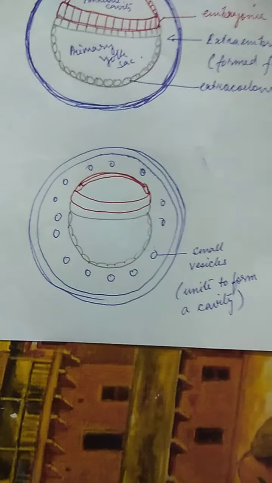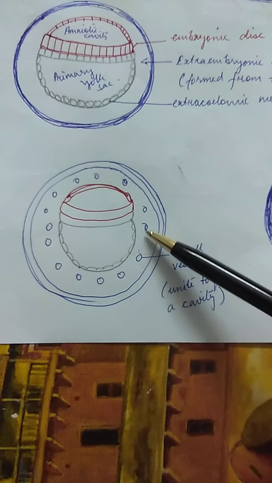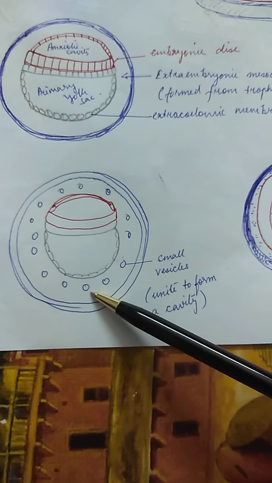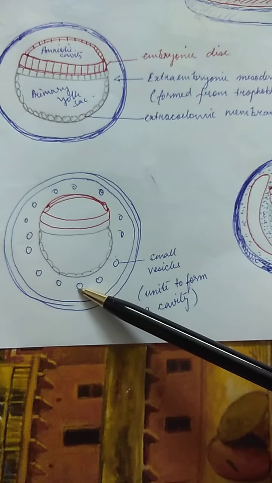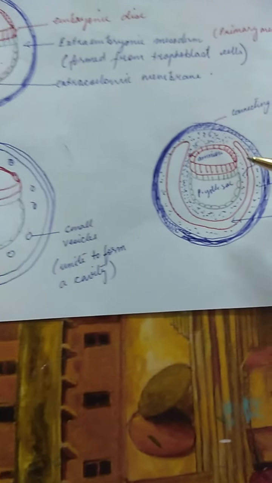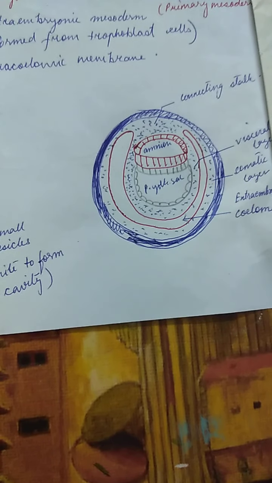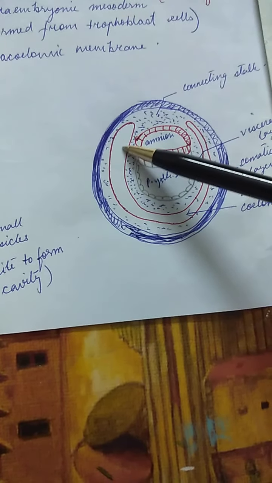After some time, certain small vesicles arise in the extraembryonic mesoderm. These vesicles unite to form a cavity which is known as extraembryonic coelom.